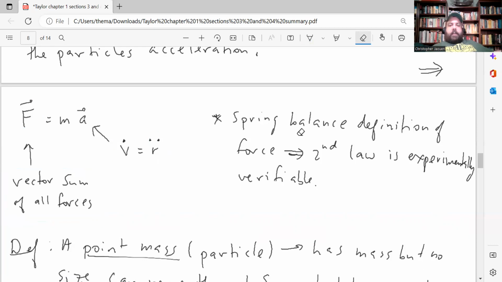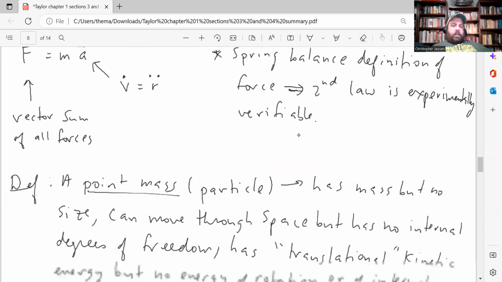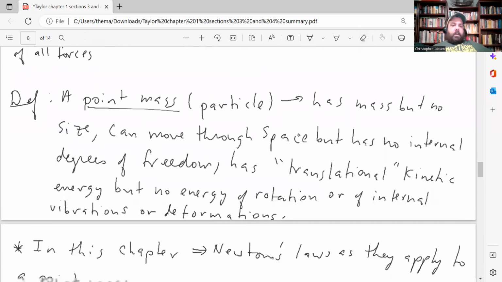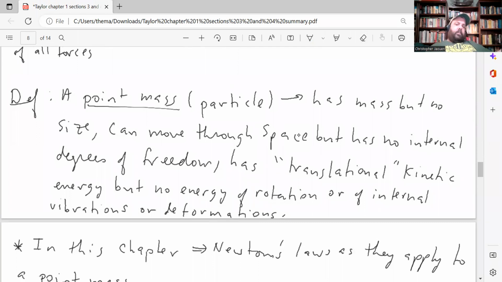Right, and just as we mentioned above, the spring balance definition of force implies that the second law is experimentally verifiable. So we're going to assume that, well, let me read the definition first. A point mass, or a particle, for example, has mass.